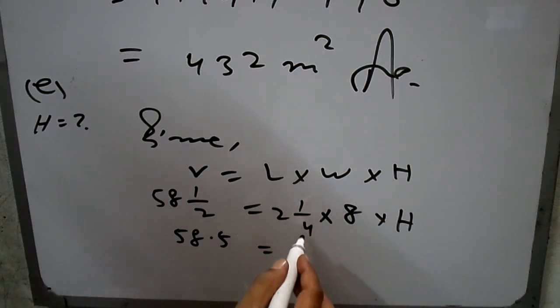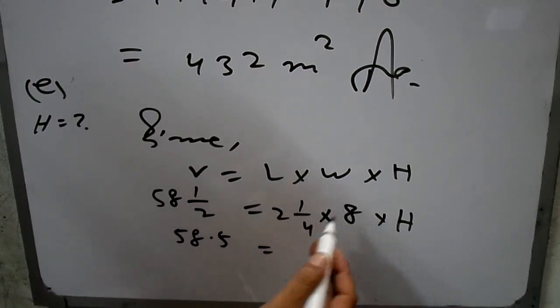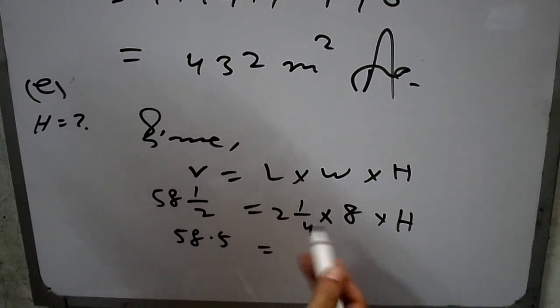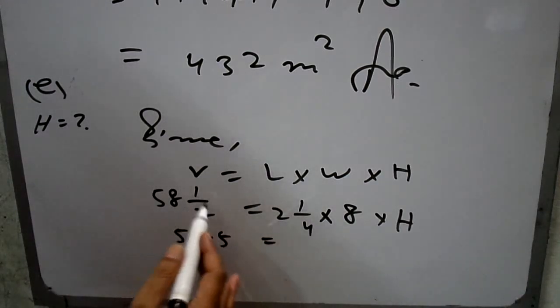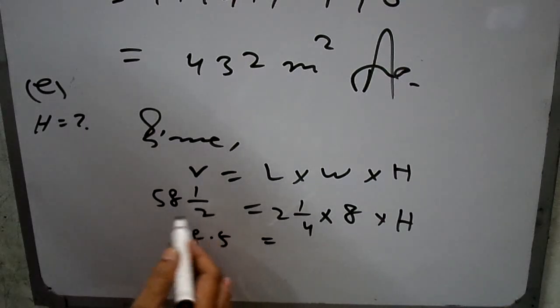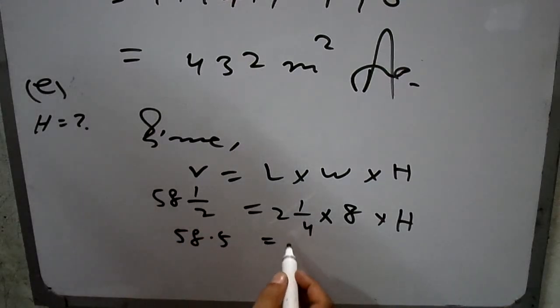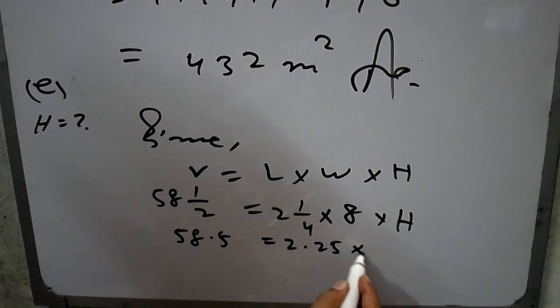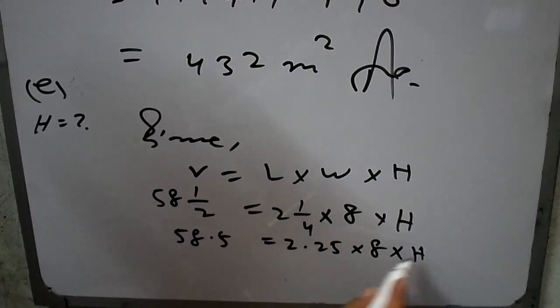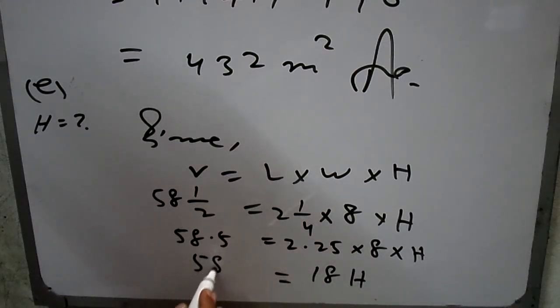2 whole 1 by 4. What does that mean? 1 by 4 is the fourth part. So in advanced methodology, you can see here in modern methodology how we can write as 58.5. Similarly, you can write as 1 by 4 mean fourth part. So you can write as 2.25 multiplied by 8 multiplied by h. So similarly, by multiplication you will get 18h, and that is your 58.5.